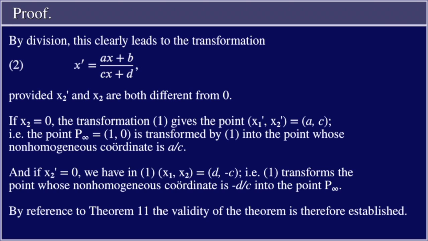And if x2 prime is equal to 0, we have in equation 1 x1, x2 equal to d, minus c, i.e., equation 1 transforms the point whose non-homogeneous coordinate is minus d divided by c into the point P infinity. By reference to Theorem 11, the validity of this theorem is therefore established.